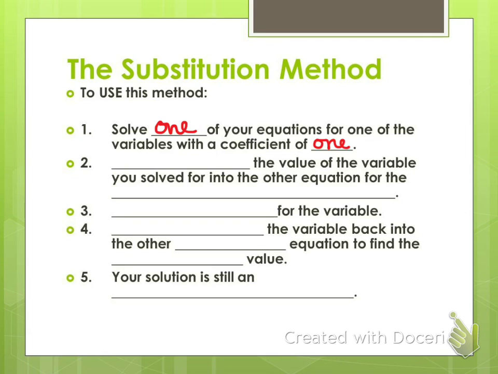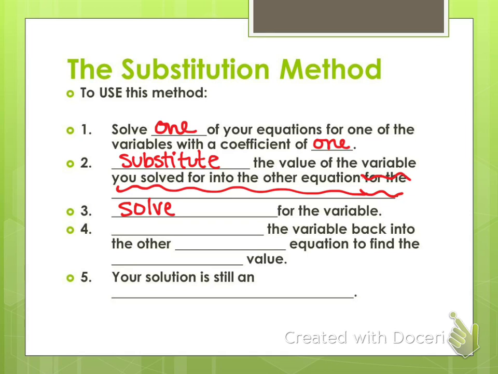Step 2 is to substitute the value of the variable you solved for into the other equation. Step 3 is to solve for the variable. So whatever variable is left, you're going to solve for it.